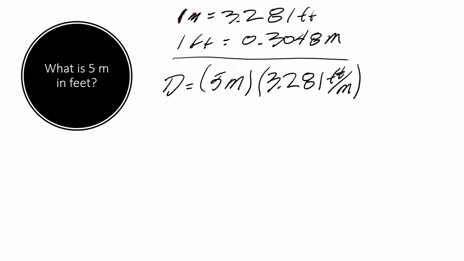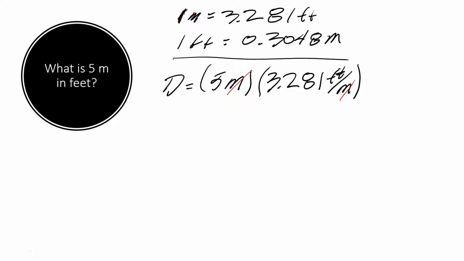Now let's look at the units and see if they will cancel out as I wish. Meters, meters, that works. So we're going to be left with feet, correct? All right, so let me go to the calculator and see what the product is.